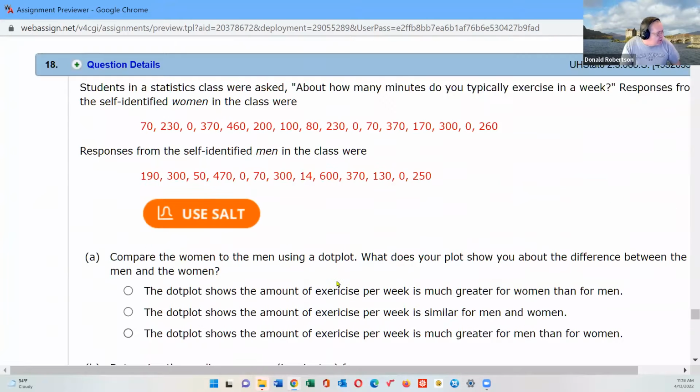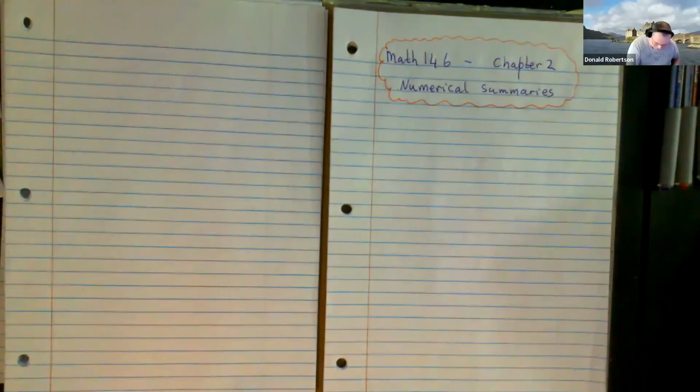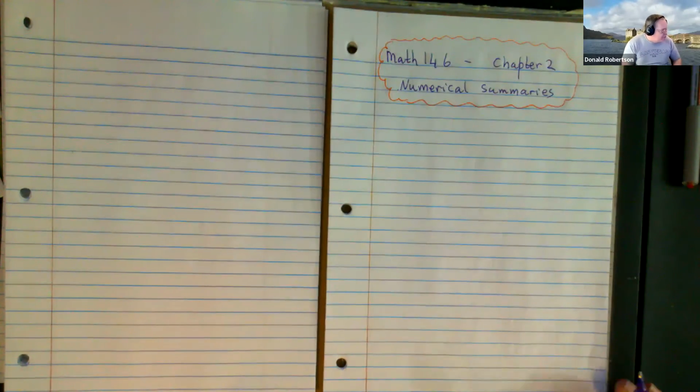Are you looking at question 18 here? No? Can you see question 18, students in a stats class? That one? Yes. Okay, so I'm now going to show you how to create a dot plot along with a box plot. So imagine that we had a set of data, and this is the data I'm using here, where students in a statistics class were asked how many minutes do you typically do exercise in a week.